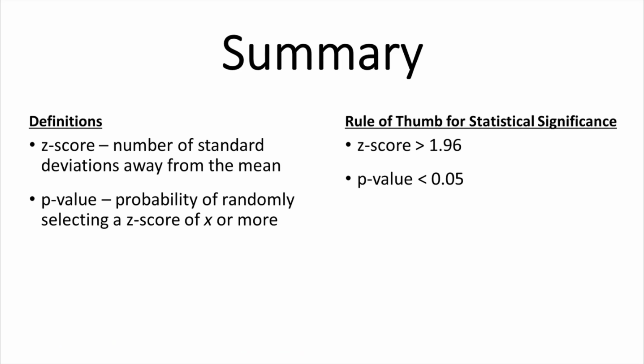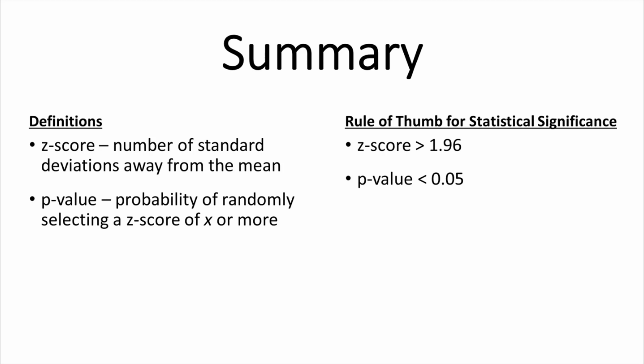So in summary, the z-score tells us how many standard deviations away from the mean a number is. And in most cases, we use a mean of 0. So the z-score tells us how different our result is from 0. This is the z-score that's reported in SAS and Stata and other software programs that tell us how significant our result is. And the p-value helps us interpret this number by telling us the probability of randomly selecting a z-score of x or more.